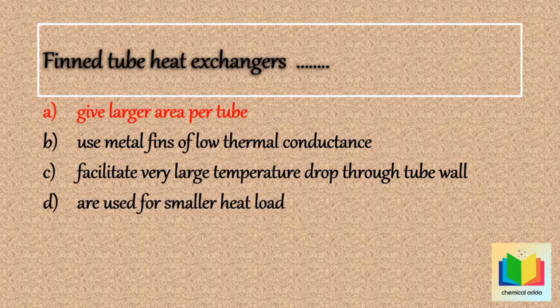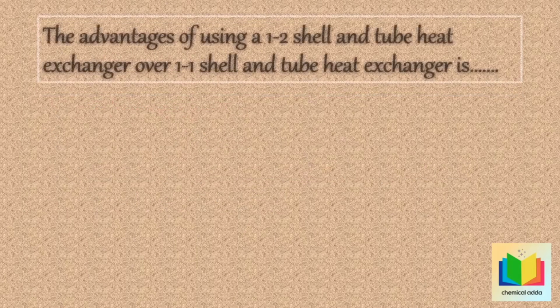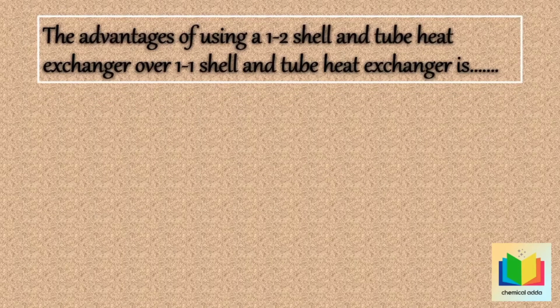Now, next question. The advantage of using a 1-2 shell and tube heat exchanger over a 1-1 shell and tube heat exchanger is. Options are: option A, lower tube side pressure drop.